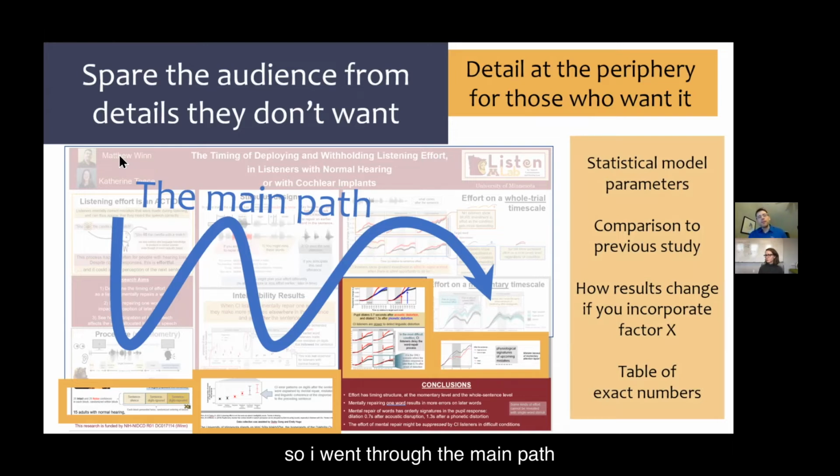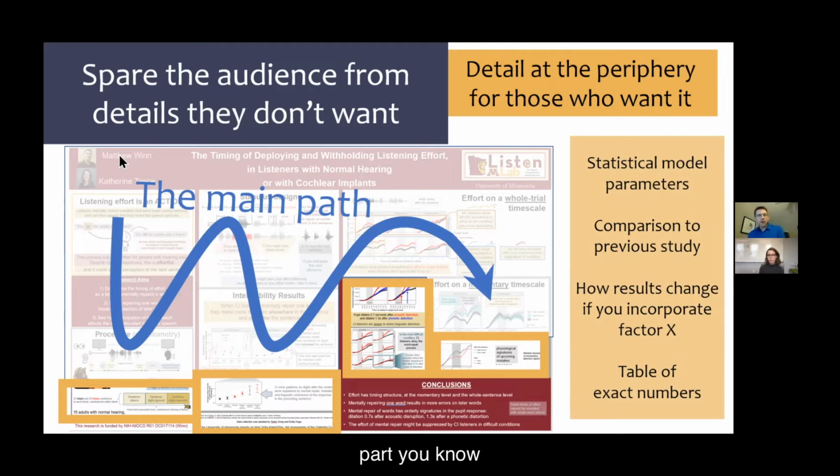So I went through the main path, got the main points across, and for most people, that was sufficient. But 1 out of every 10 people was super interested. And then for them, I went into those details and I really got into it. We talked about those details and they were really entertained by that.